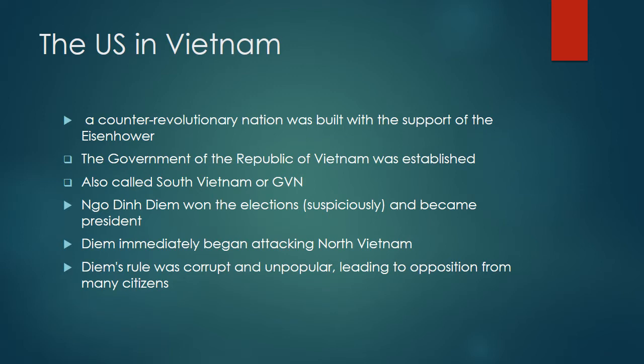When the US got involved in the Vietnam War, the government of the Republic of Vietnam was established, which is also called South Vietnam, and it was supported by the Americans.